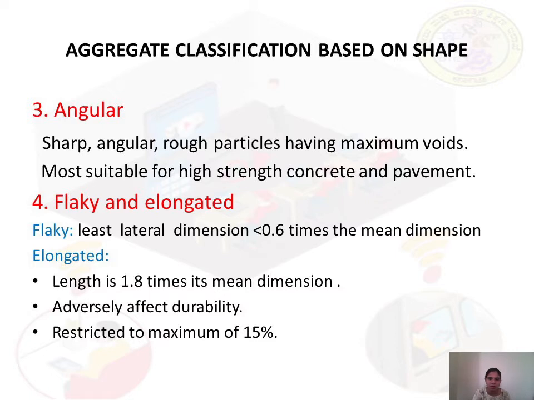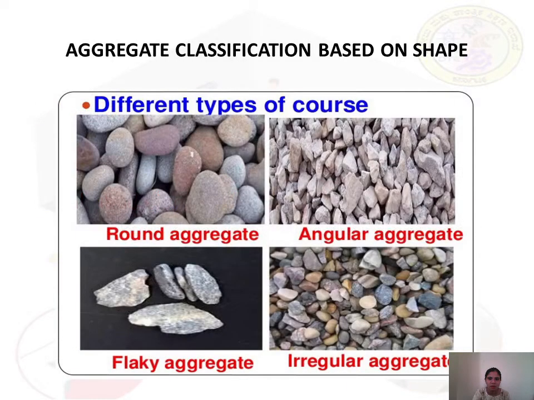Let's move on to the fourth type of aggregate based on its shape, that is flaky and elongated aggregates. There is some difference between flaky and elongated aggregates.